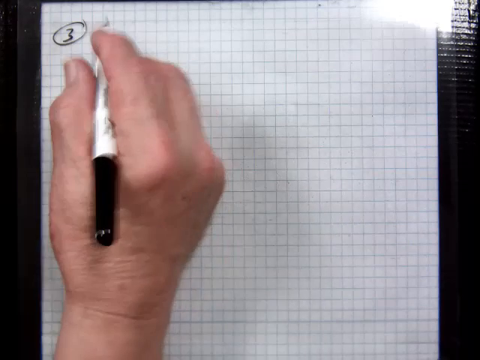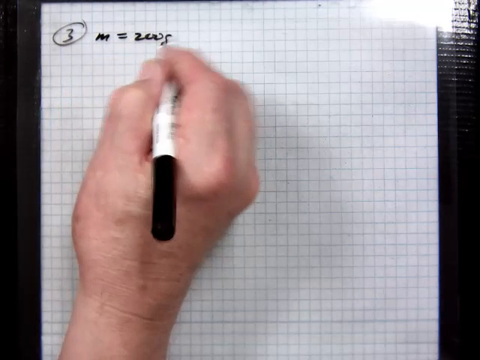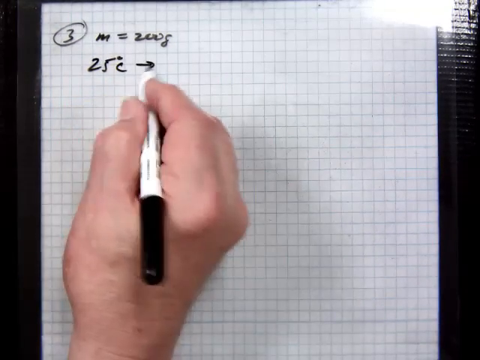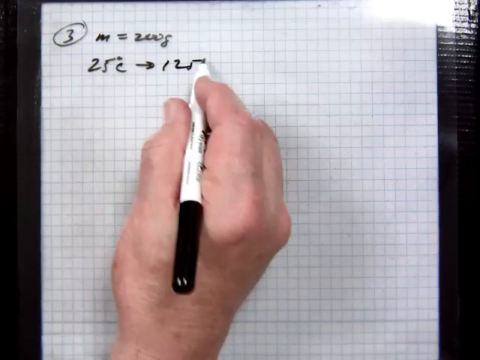Well, you've got to go with what's going on in the problem also. You're going through several phase changes. How many joules are required to heat 200 grams of water from 25 degrees C to 125 degrees C?